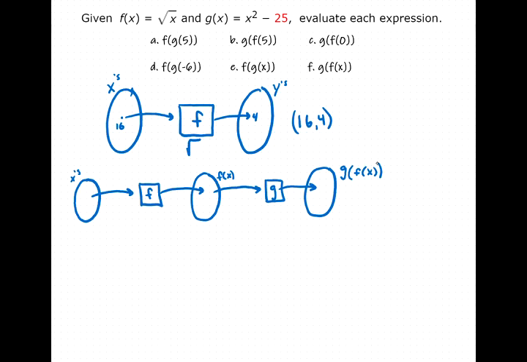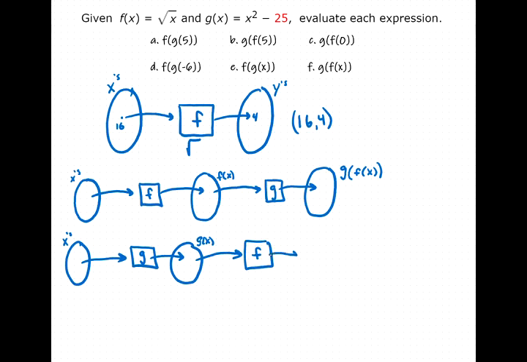Or if the g function comes first, we have x's here, the x value goes into the g function, and then the g function spits out some output value, we'll call that g of x, and now that output of the g function, the g of x, goes into the f function.